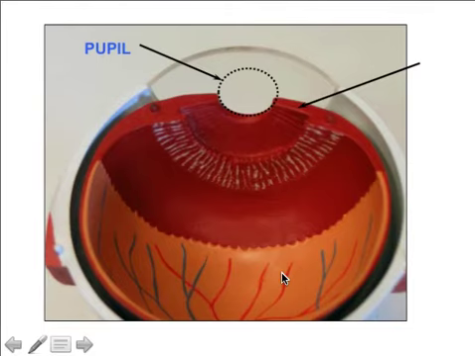And as the light passes through these layers, it will bend, and as it bends, it'll come into sharp focus, and in a normal eye, the perfect focus will be directly on the macula lutea, which is the site of the greatest concentration of photoreceptors, specifically the cones, which are responsible for color vision. Okay? This, of course, is the iris, which controls the diameter of the pupil. Remember that it is constricted in bright light and it is dilated in dim light.